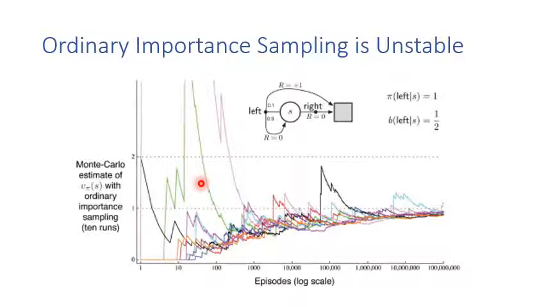We can see that all rounds fail to converge to the true value of going left, which is 1. And even so, some have infinite variance. This example shows that the ordinary importance sampling is unstable.